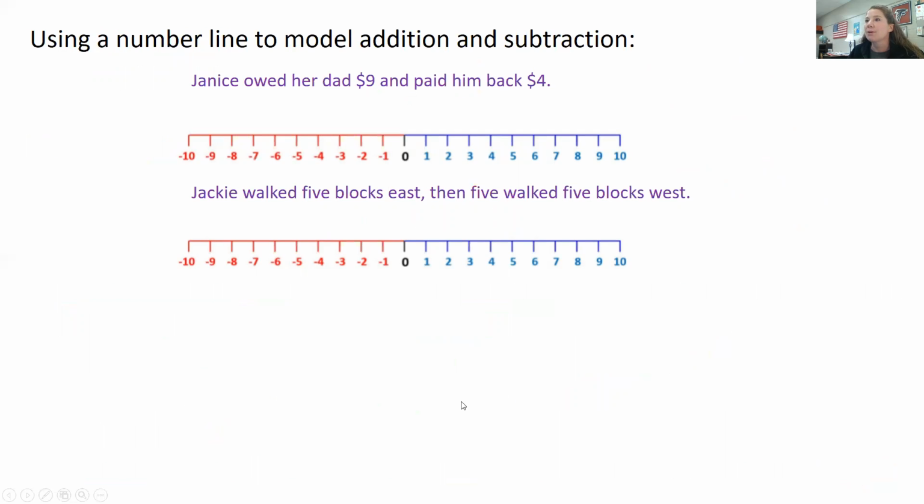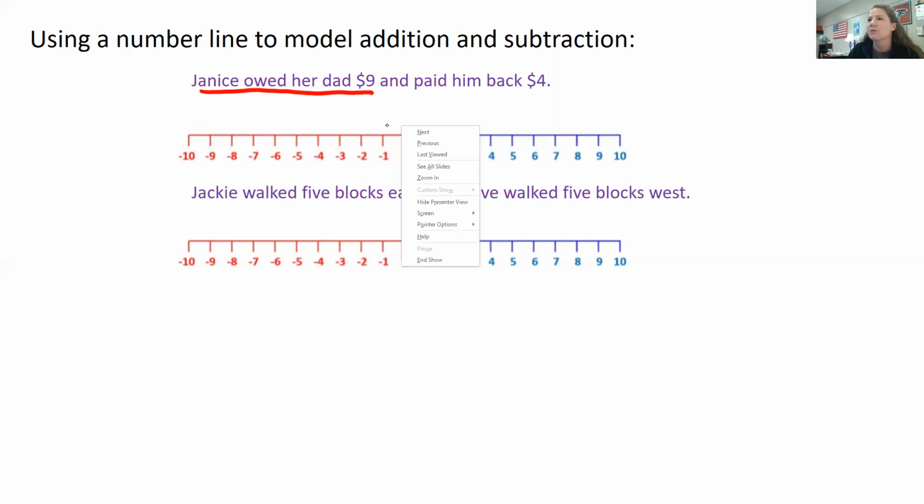Now it says to use a number line to model addition and subtraction. So the first part of the sentence tells me what to do first, obviously, and then the second part is going to be another arrow. I'll show you what I mean. So if Janice owed her dad $9, if you're in debt $9, that would be represented by a negative number. So that means that I'm going to start at 0. Janice owes her dad $9.